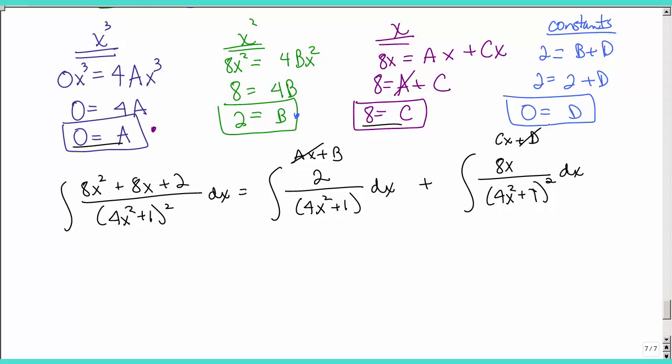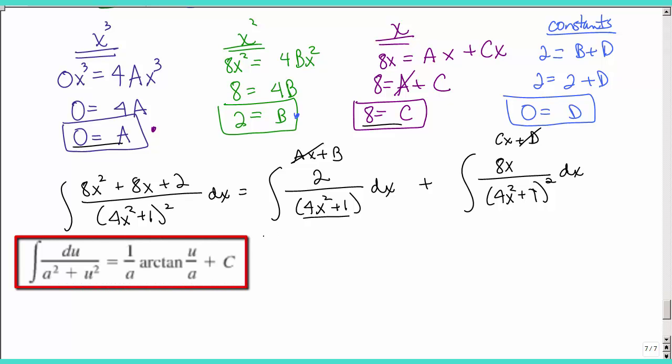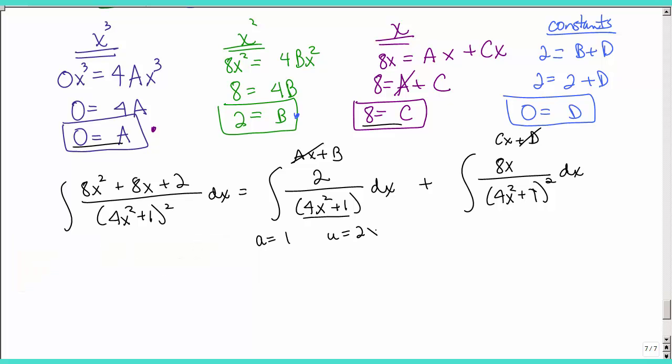Are these things something I can integrate? Well, again, if I let that be u, my du would be 8x. That doesn't work. What did we just have that kind of looked like that? Arctangent. Okay, so I need to use this as arctan. So that would mean, let's see, a would be 1, u would be 2x, du would be 2 dx.